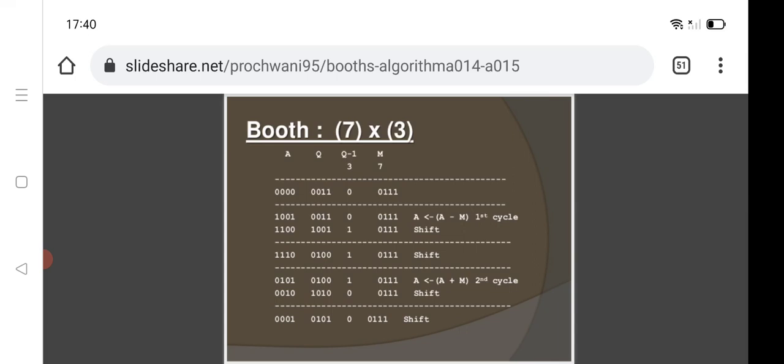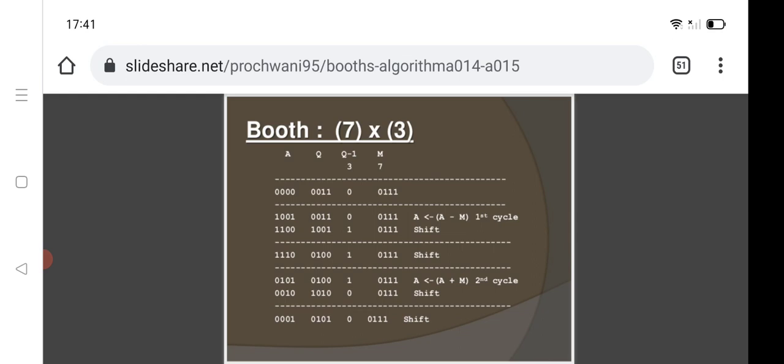Initialization. So what does the initialization do? During the initialization, I need to load my A register and Q minus 1 register with 0. So I have loaded the A value with 0 0, and Q minus 1 will be loaded with 0, as Q minus 1 is a single bit.